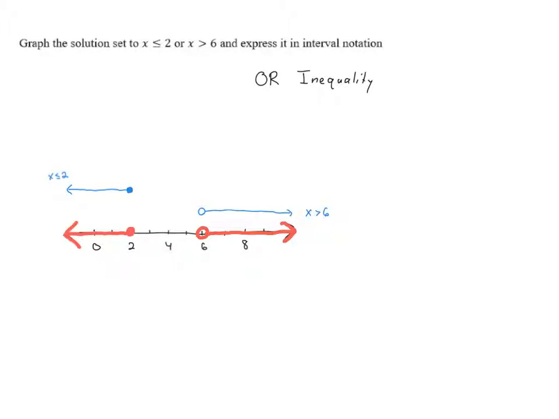When we have an or inequality, we are no longer looking for the overlap. Instead, we're going to shade in all solutions to both of the inequalities, or all solutions that work for either of the inequalities. So basically, shade in everything that solves at least one of the inequalities.